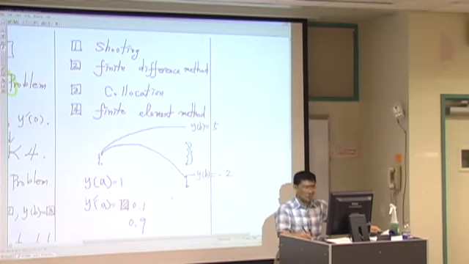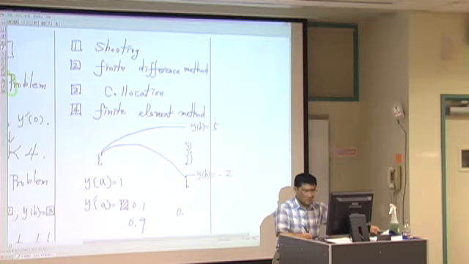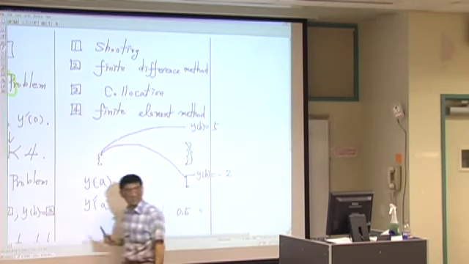0.1 is too low, 0.9 is too large, then what about 0.5? 0.5 is the middle number of these two.